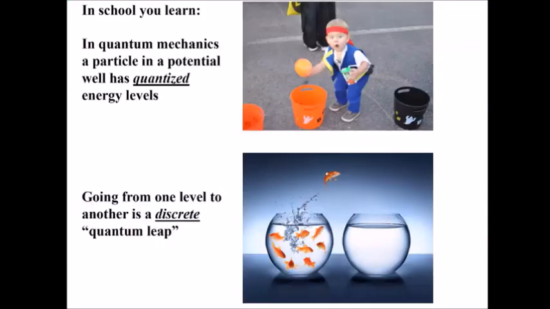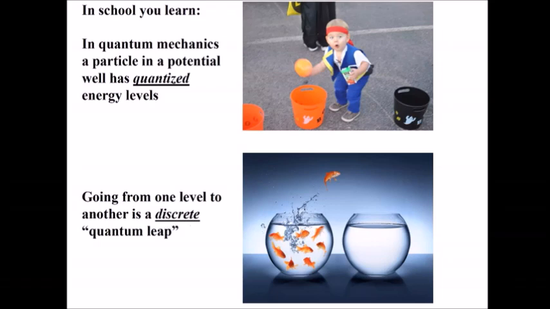Okay, now, when you learn quantum mechanics in school, you learn that in quantum mechanics, a particle in a potential well, so we're putting this particle in this potential well, and this particle has quantized energy levels. And you learned that going from one energy level to another energy level is a discrete quantum leap.